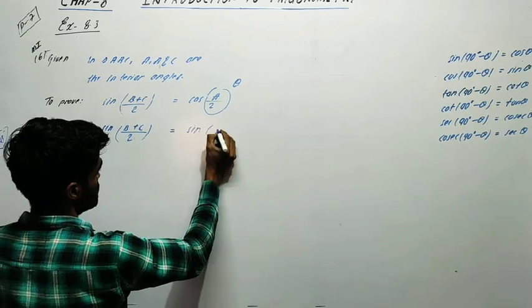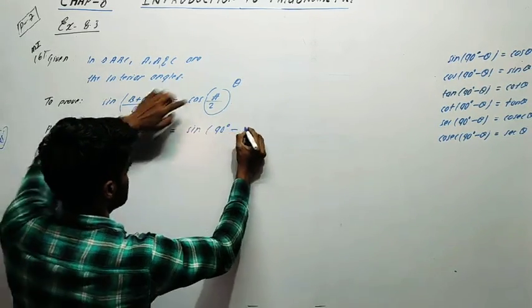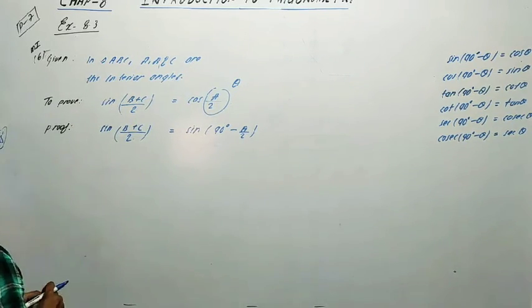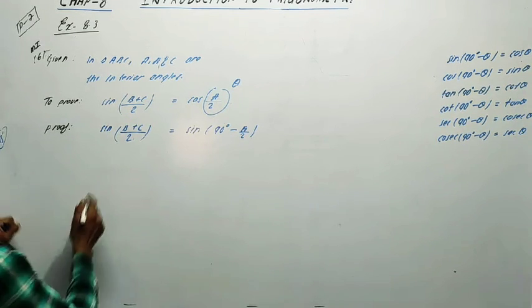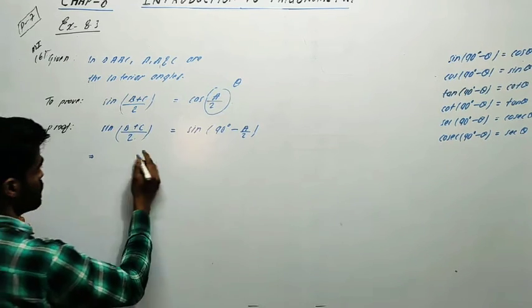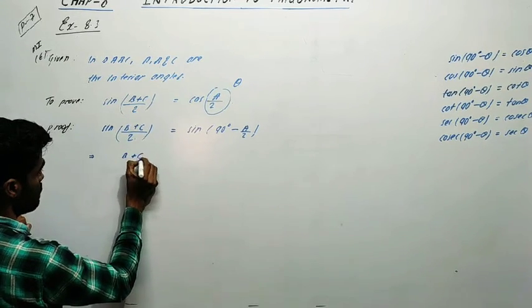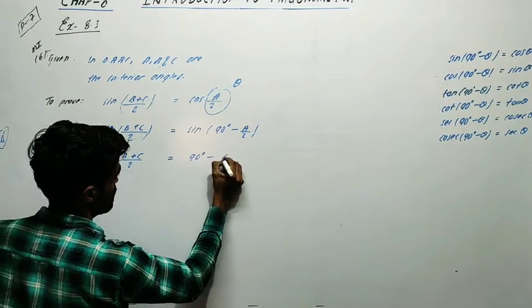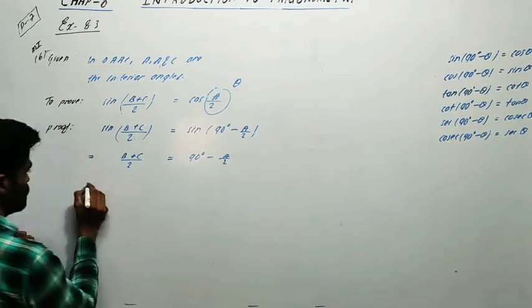Cos theta is equal to sin (90 degrees minus theta). So now we will relate: B plus C upon 2 is equal to 90 degrees minus A upon 2.